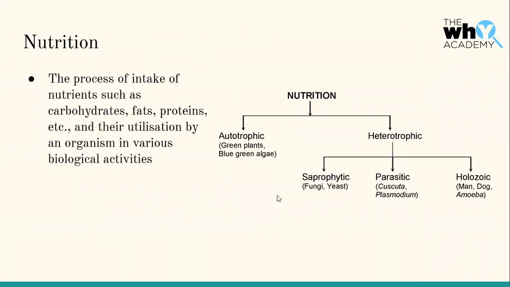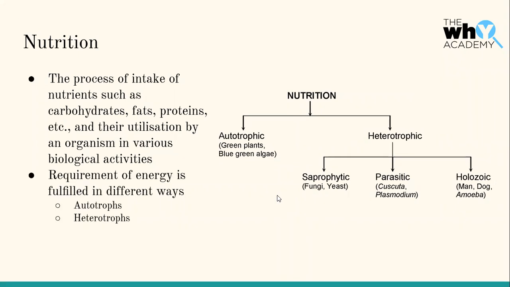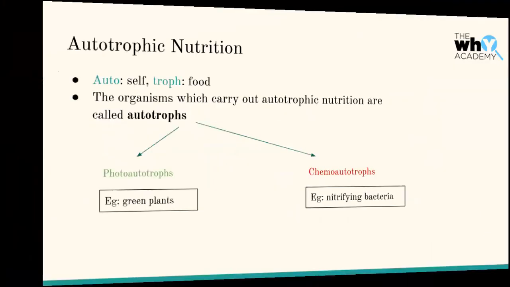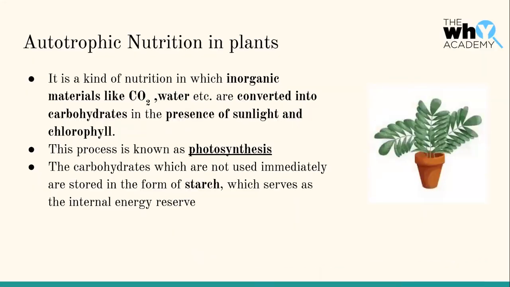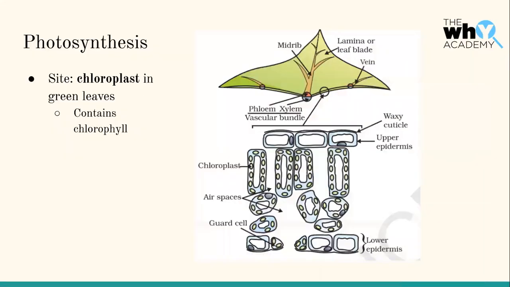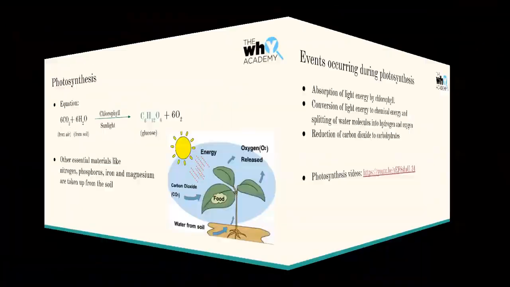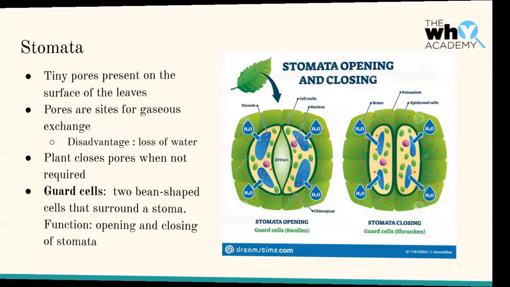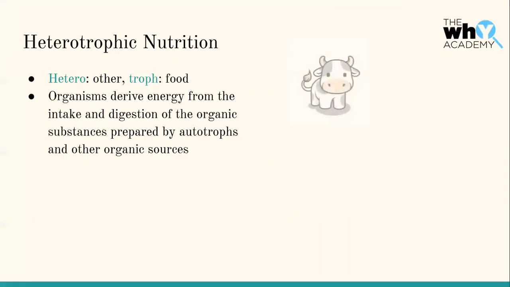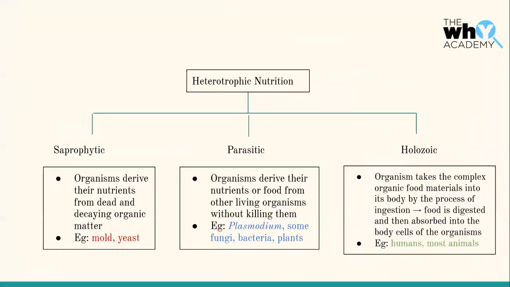We discussed autotrophic, heterotrophic, etc. The only reason I came back was to remind you of one thing. Stomata, heterotrophic nutrition, yes, I wanted to come back to this table.